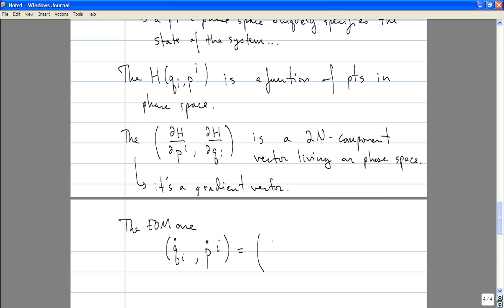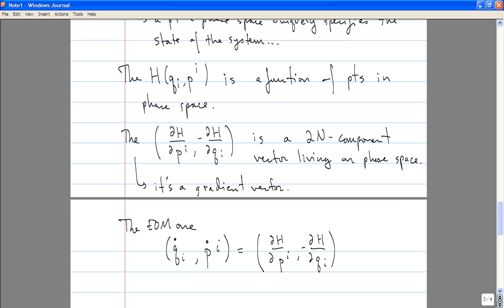So dH by dpi and dH by dqi. And there's a minus sign right here, so we could put a minus sign here. And if you wanted to think of this vector a little more precisely as a gradient vector, you should really think of it not as a gradient vector, but what you obtain by taking the gradient vector and rotating it by 90 degrees.